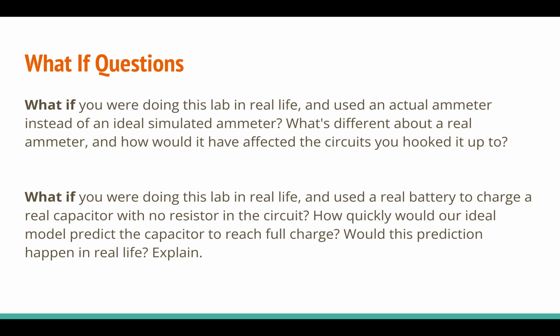Now finally, for the what if questions. If we were doing this lab in real life and used an actual ammeter instead of an ideal simulated ammeter, the main difference would be that it would actually create some resistance, which would therefore affect the current passing through in the overall.